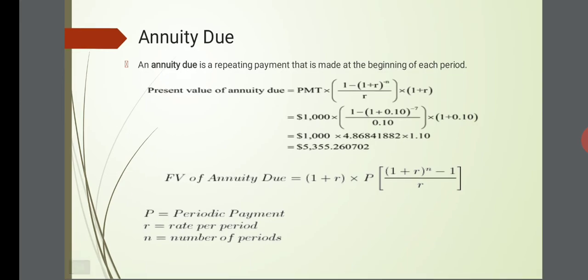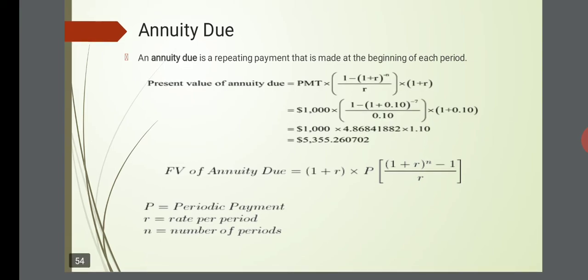Annuity due. Annuity due is the recurring payments that are made at the beginning of each period. So for example, if rent is to be paid for the month of June, and if it is paid on 1st of June, then it is annuity due. The present value of annuity due is PMT into (1 - (1 + R)^-n) divided by R into (1 + R).